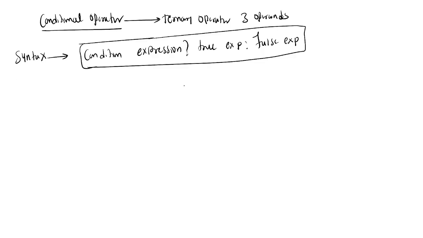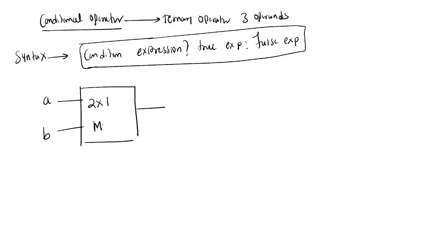Okay, suppose we take the mux also. For the 2 cross 1 mux, I can write it with the ternary operator. Suppose you take a and b, this is a 2 cross 1 mux with selection line s, and this is the output y. With the conditional operator I can write y equal to s question mark b, otherwise a.